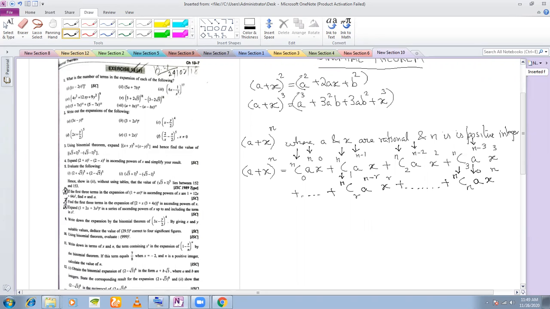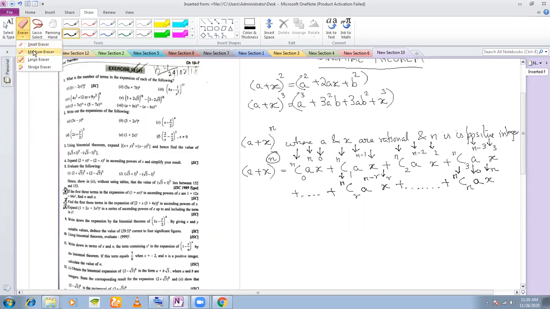Similarly, for x, the second term, we start with the power 0 and the next power is 1. We continuously increase the power of x by 1. Next term is x square, next term is x cube, next term is x to the power of r, any term. And finally, we stop when x attains the highest power, which is n here.